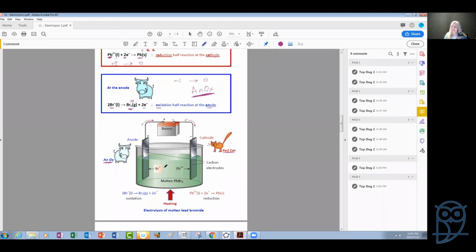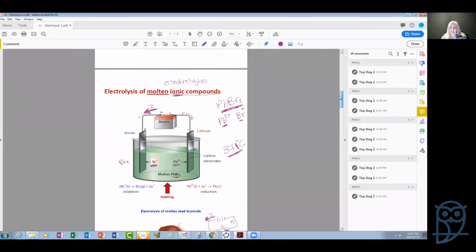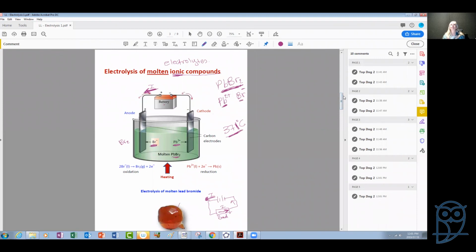Be careful, this is molten. It's not a solution; there's no solvent and solute. It's just molten lead bromide. The same applies to other molten ionic compounds. It's not just for lead bromide, of course. Any ionic compound, if we melt it in an electrolytic cell with the help of electricity, will break into its elements.